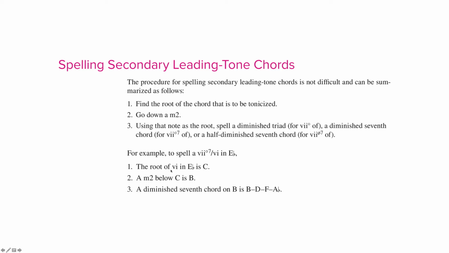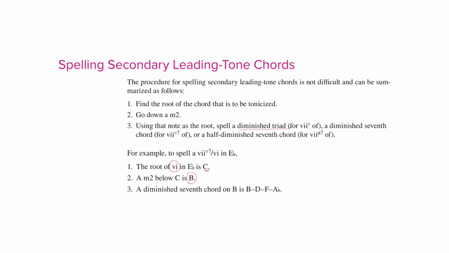If you want to tonicize the 6th degree in E flat major, the chord, the 6th degree, would be then C minor. The root is C. Go down a minor second and you will find the pitch B.